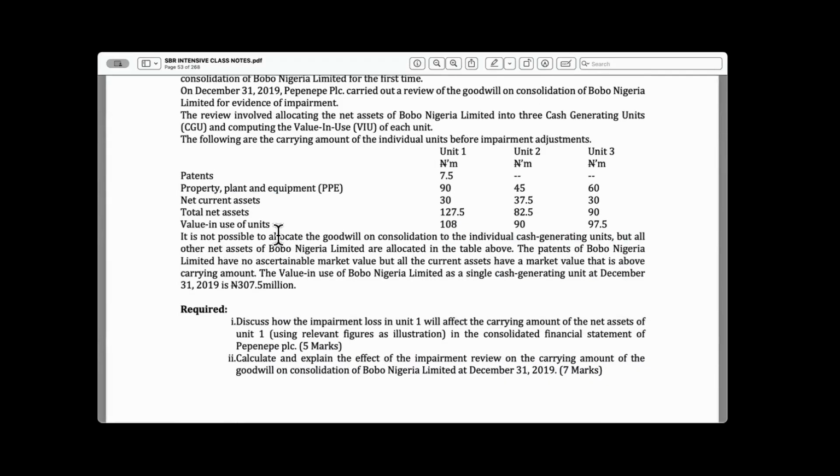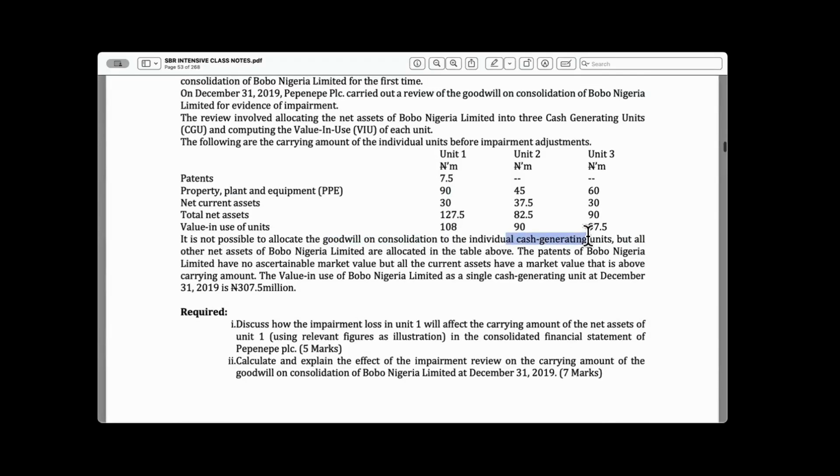We're also told that it's not possible to allocate the goodwill on consolidation to individual CGUs, of course, because goodwill will relate to the entire company. So there's no way you can say, okay, it relates to CGU 1, CGU 2. No, it relates to the whole company. But all other net assets of Bobo are located in the table above.